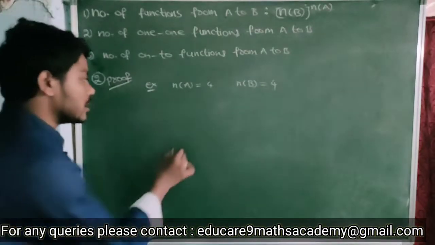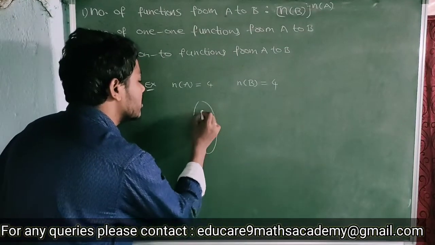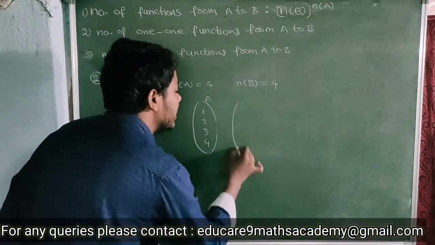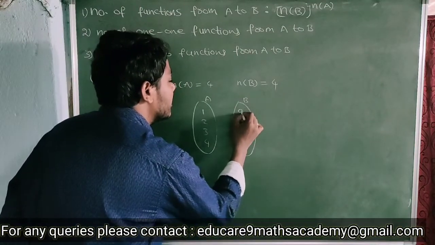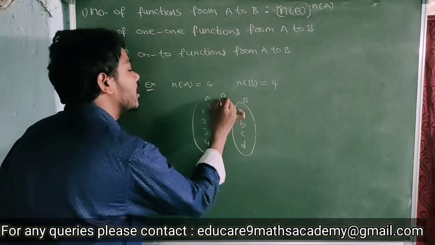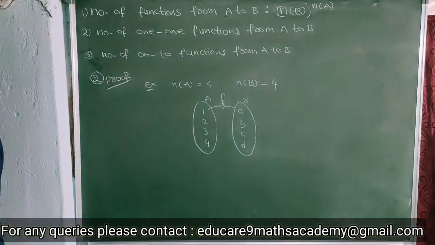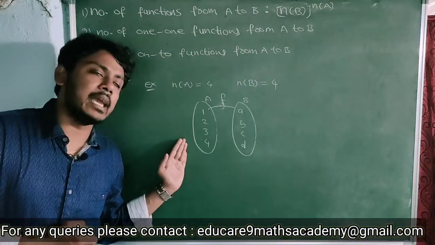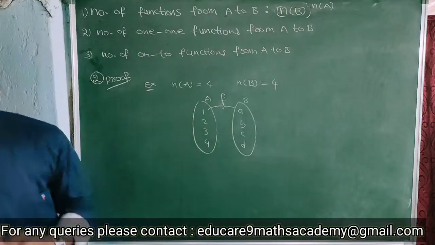Suppose A has the elements 1, 2, 3, 4 and B has the elements A, B, C, D. So there exists a relation F between the two sets. One-one function means different elements in A have different images in B.